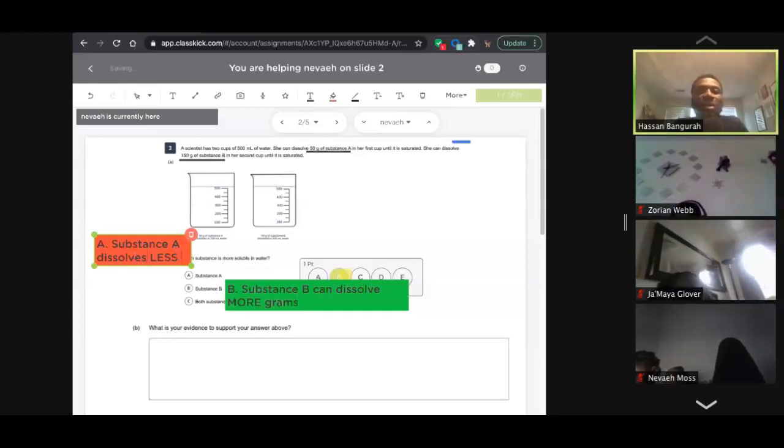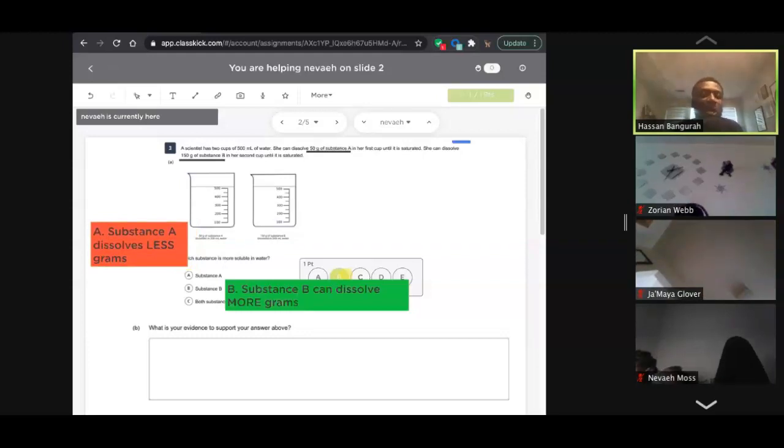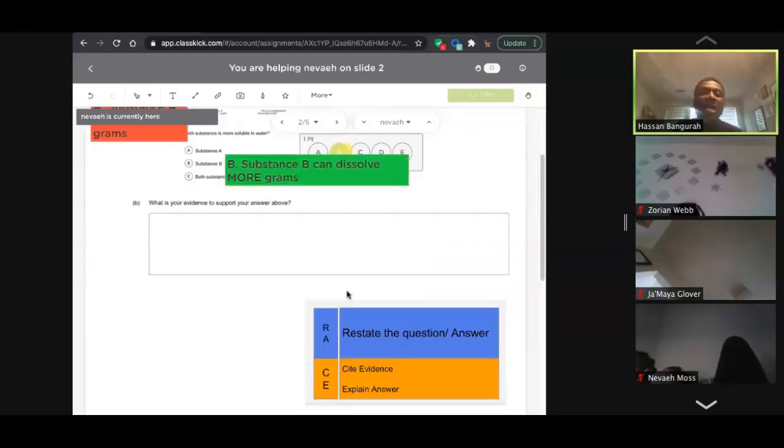Substance A dissolves less grams. Awesome. So now we evaluate our answer choices. We know for a fact that B has to be the correct answer, and here's our reason why: because substance B can dissolve more grams than substance A. So now that we've done all our background work, we have to come into our RACE response.